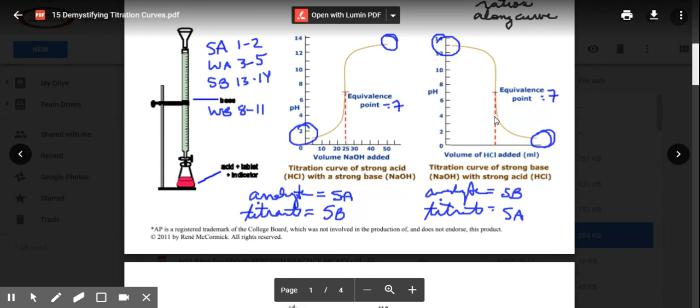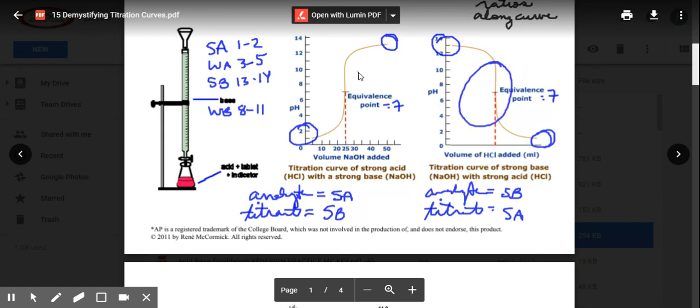Where my volume at the equivalence point is going to be depends on what molarities you're actually using for the analyte and titrant. But your pH at the equivalence point for strong acid, strong base titrations will always be 7. How I can figure out my equivalence point is it's always this region where you have the spike. So you see gradual, spike, gradual, gradual, spike, gradual.